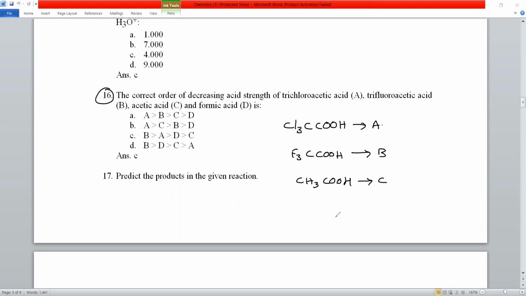Acetic acid is C. And formic acid they have given here is D. What they're asking here is the correct order of decreasing acidic strength.